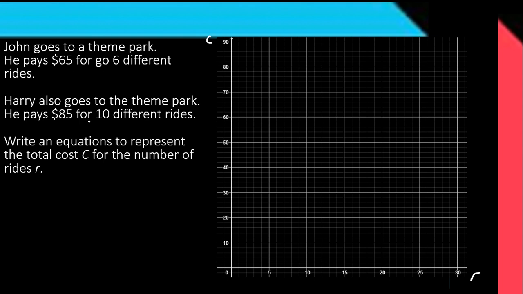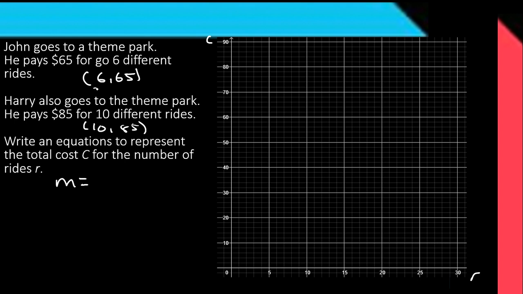So if I look at the information that we've been given, I can actually write an ordered pair. Okay, so instead of having x and y, I have r and c. So I can say when r is 6, my cost is 65. But when Harry goes on the rides, when r is 10, his cost was 85. So now I have these two pieces of information, I can do what I've done in previous questions and work out my slope.